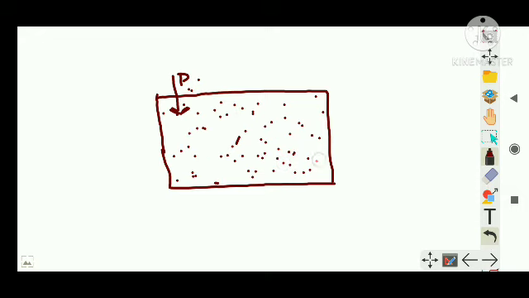If you measure pressure here, the pressure will be P, and if you measure pressure at this point, there also the pressure will be P. So I'm stating the statement again: if pressure is applied to a uniform fluid which is confined inside this container, then the fluid will transmit the same pressure in all directions at the same rate. I hope you understood, right?